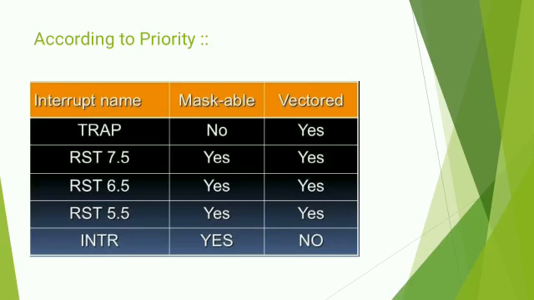All of these, including TRAP, are vectored because they have a particular memory location. The absolute address is calculated by multiplying the RST value with 008H. The vector address of the TRAP is 0024H.